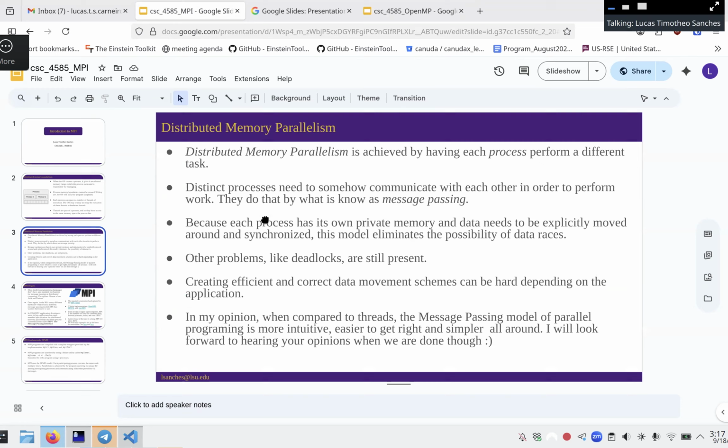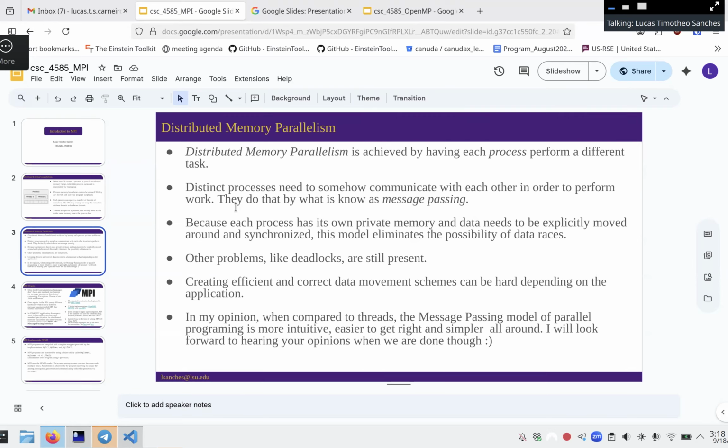So there is an important consequence that I put here in the slides, but I'd like you guys to think about it. I am saying that under this paradigm of parallelism, if you do everything correctly, in normal scenarios, you don't have data races.